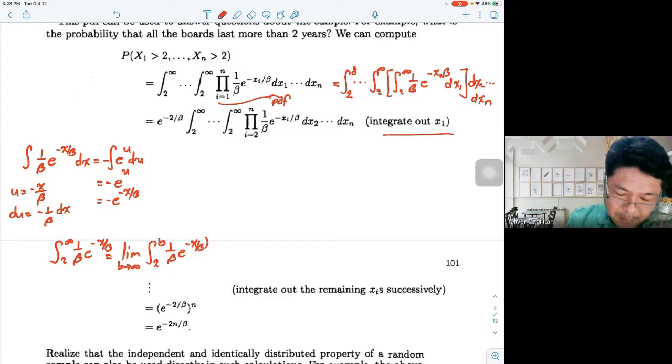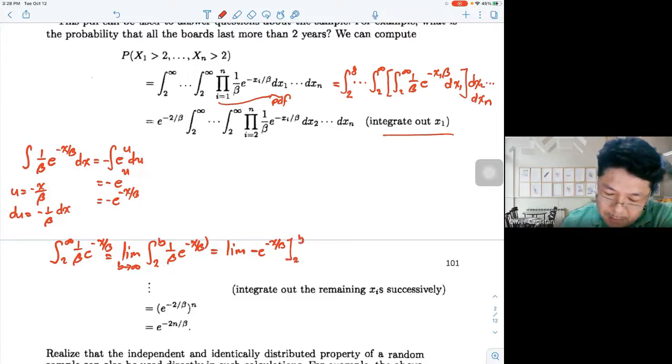So this is equal to the limit, and we have that as our answer: negative e to the negative x over beta evaluated from 2 to b, and then b approaches positive infinity. Okay, so we're able to get e to the negative, and apply the limit for this.